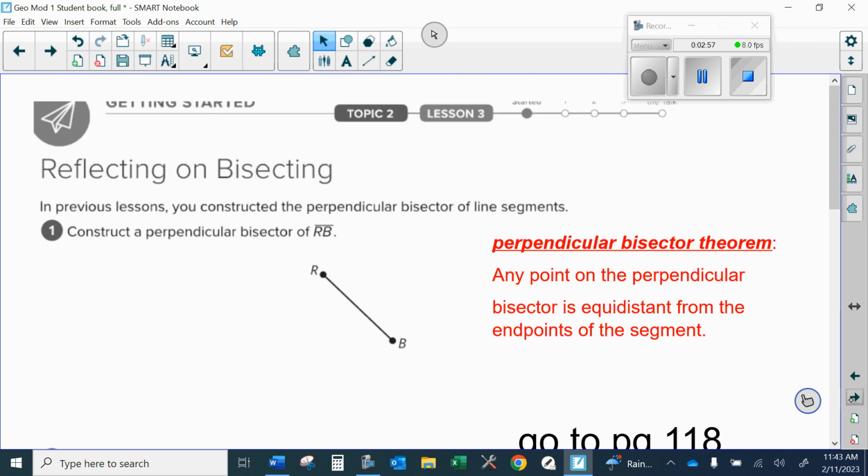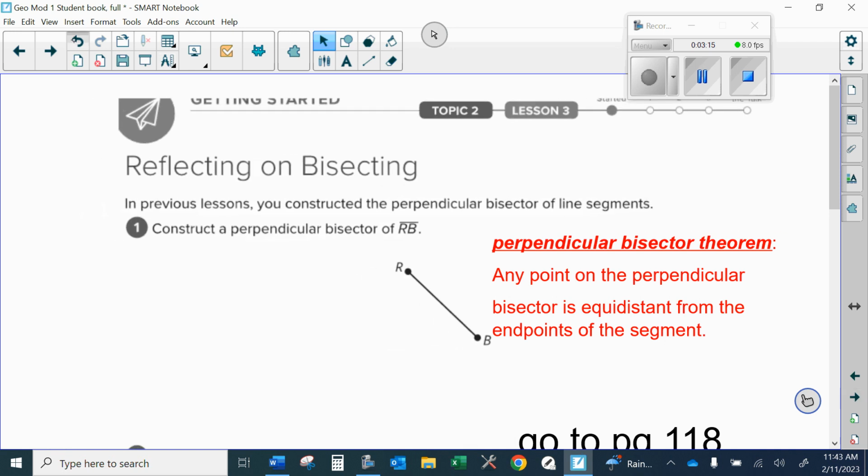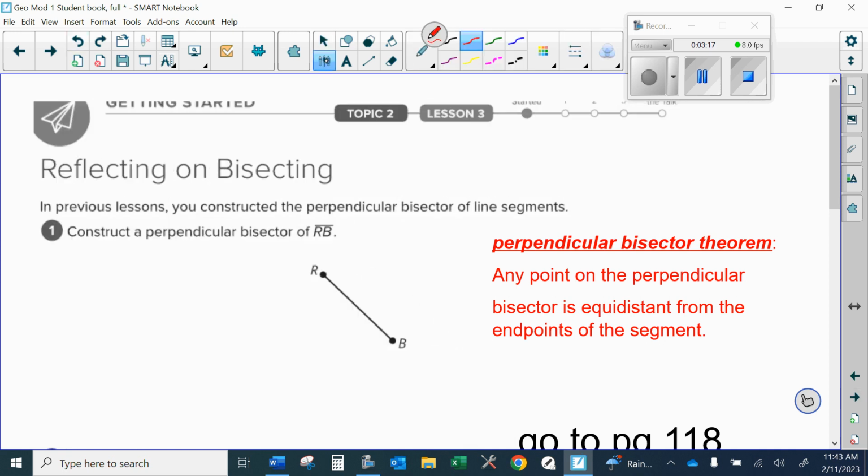Perpendicular bisector theorem. Go ahead and write this in your notes. Any point on the perpendicular bisector is equidistant from the endpoints of the segment. You're going to see it later in the lesson, but I'm just going to talk about it right now. Remember, in previous lessons you constructed the perpendicular bisector.